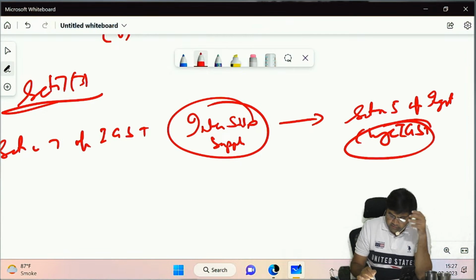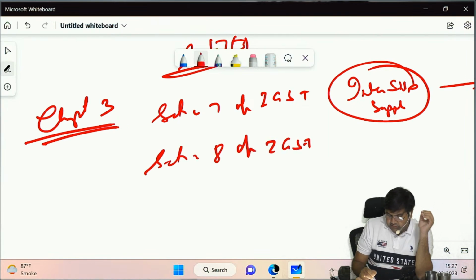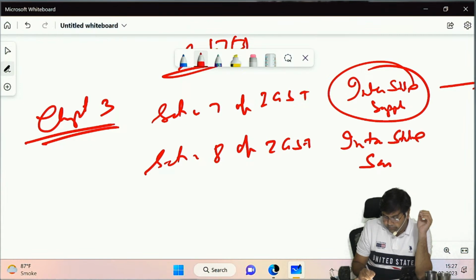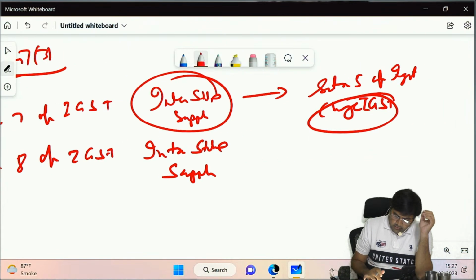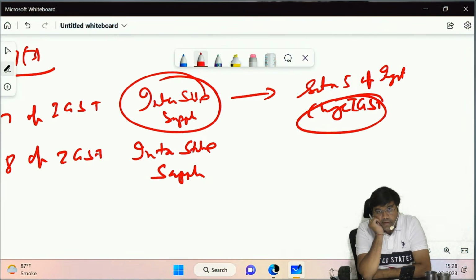Okay, so there are 5 subsections. Section 8 of IGST, intrastate supply. Within the same state, within the same union territory, and it is going to be intrastate.